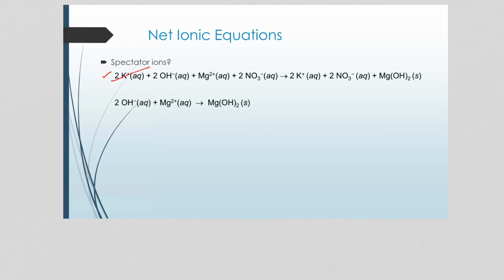So that's the potassium ions here, and the nitrate ions here. Those don't change, and what I'm left with is my 2 hydroxide ions combined with 1 magnesium ion to give me solid magnesium hydroxide. And this is my net ionic equation.